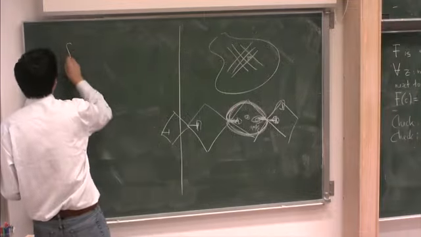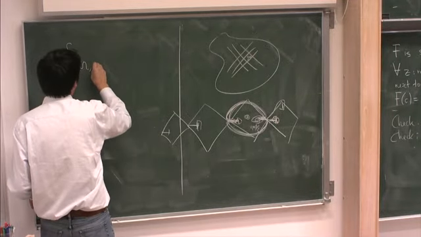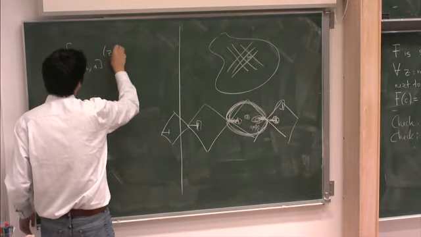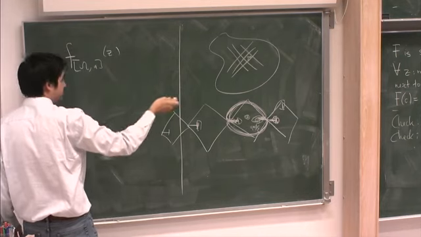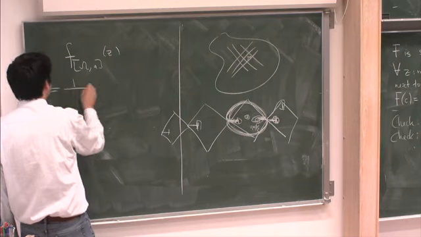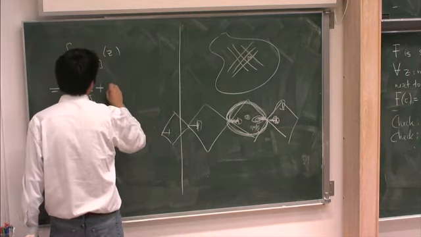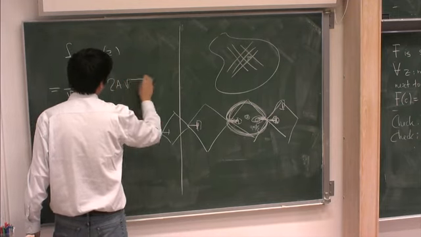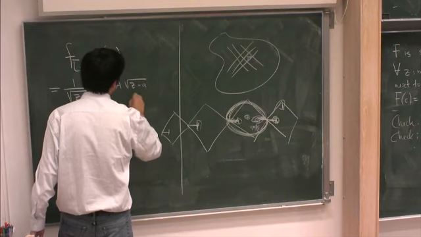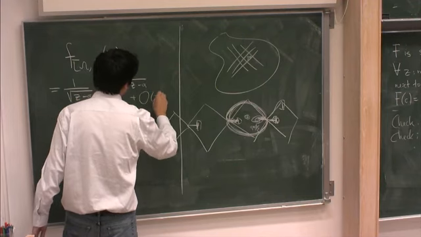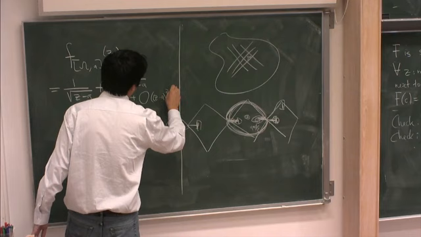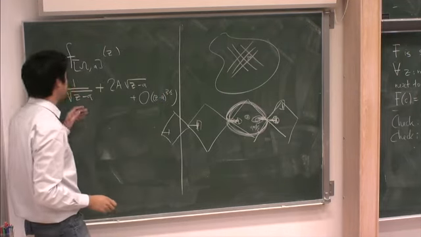So this guy has a unique limit. It can be computed explicitly, basically, and the limit is this guy. Okay, it's a limit holomorphic function.